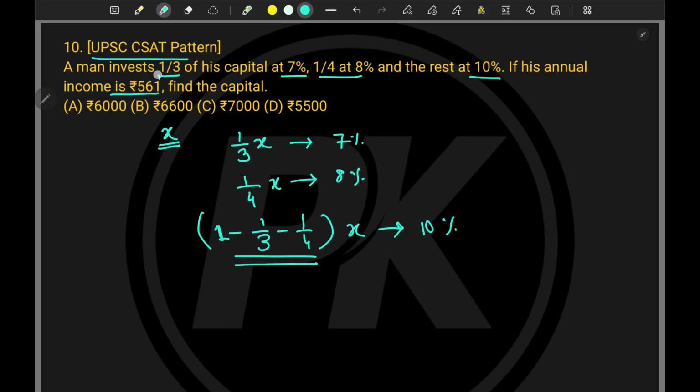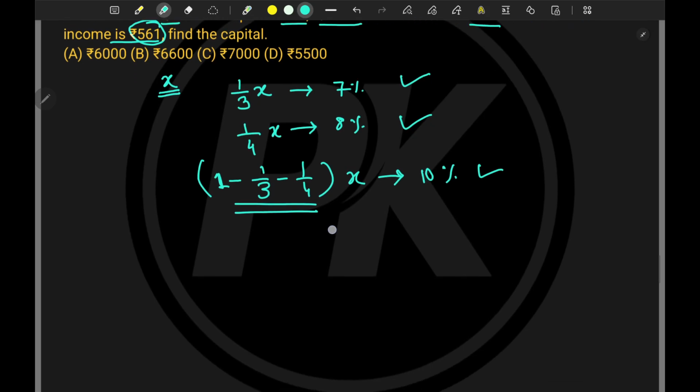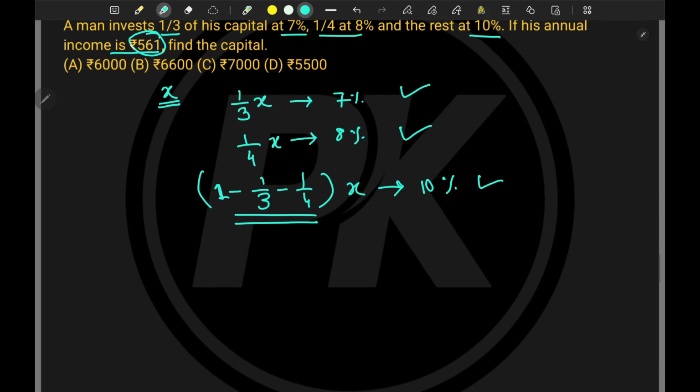Now what it is saying is the annual income is 561 rupees. So the summation of the annual income at 7%, 8% and 10% is coming as 561. How can I write this?